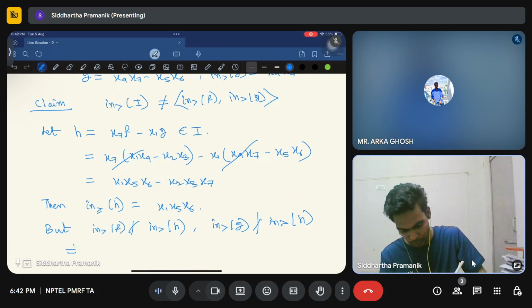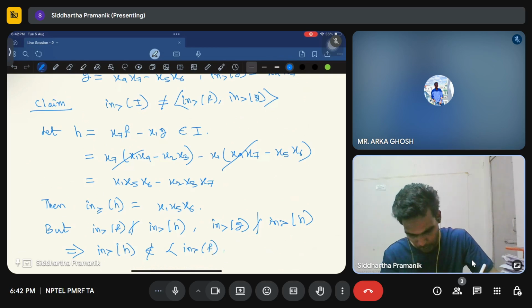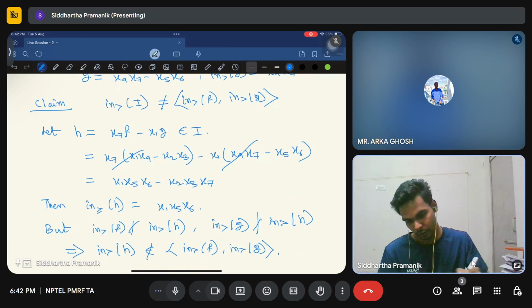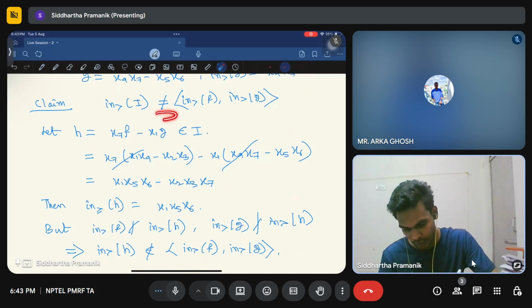So that implies initial term of h does not belong to the ideal generated by initial term of F, comma, initial term of G. So we have proved that this containment is strict.